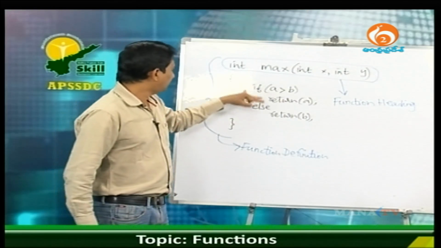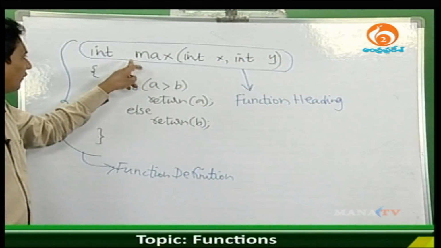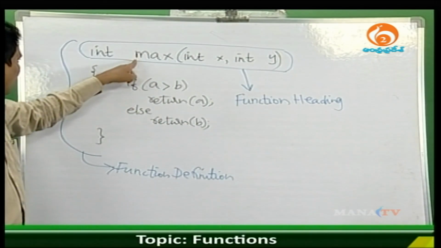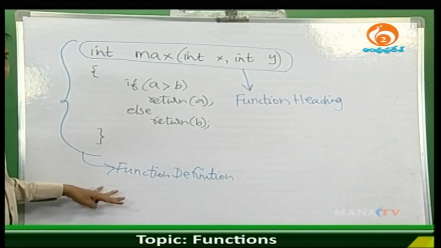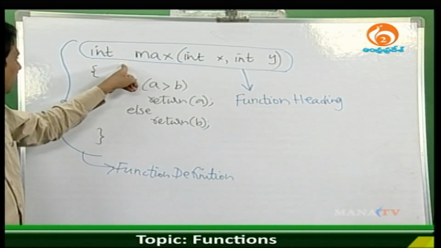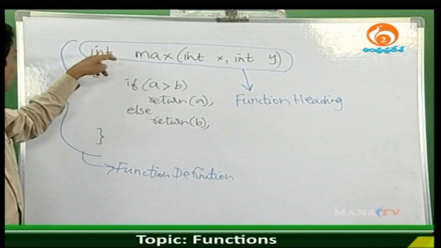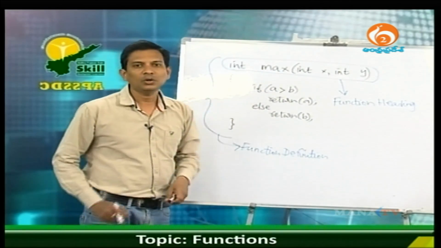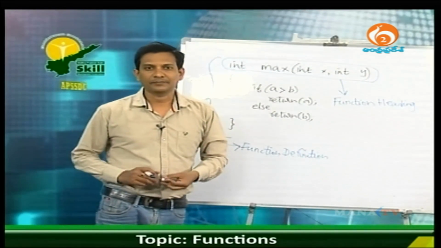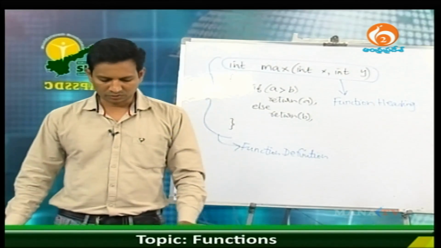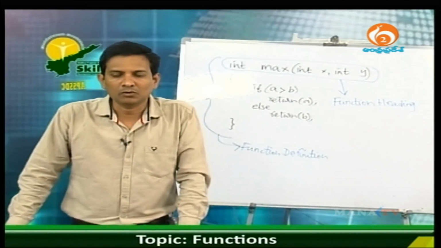So this is the function body, this is the function heading, and this is the function definition. Function heading means the first line of the function definition. I will write the definition on the notepad so that you can copy it into your notebooks.